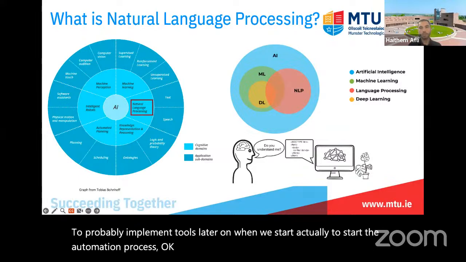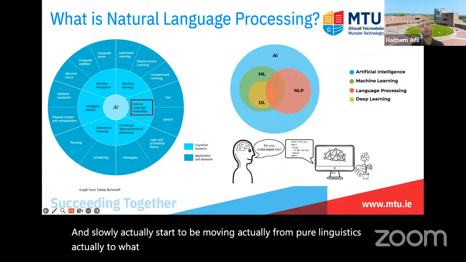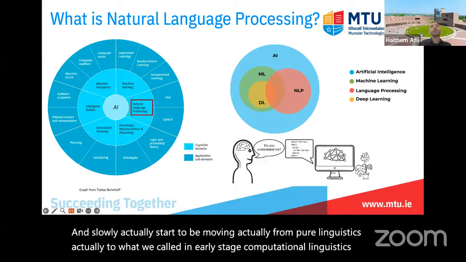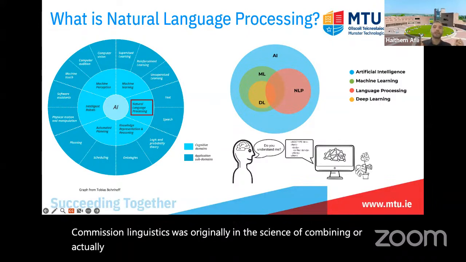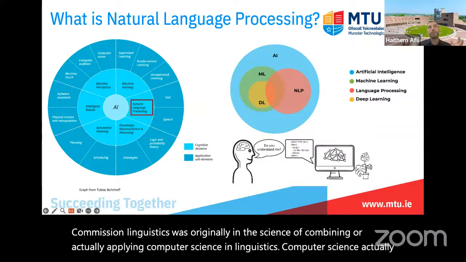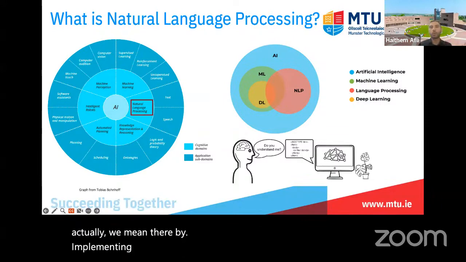Okay, and slowly it started moving from pure linguistics to what we called in an early stage computational linguistics. Computational linguistics was originally the science of applying computer science to linguistics, implementing and collaborating with linguists.